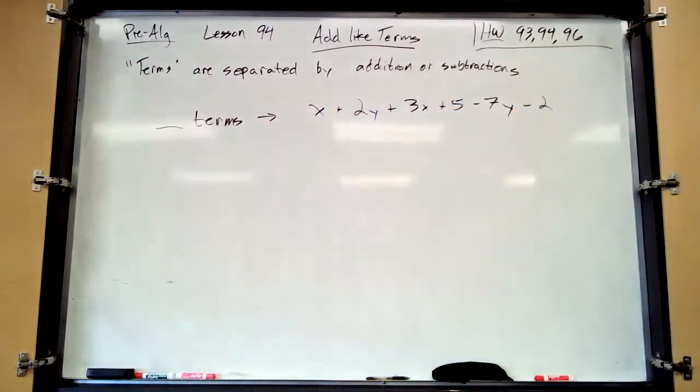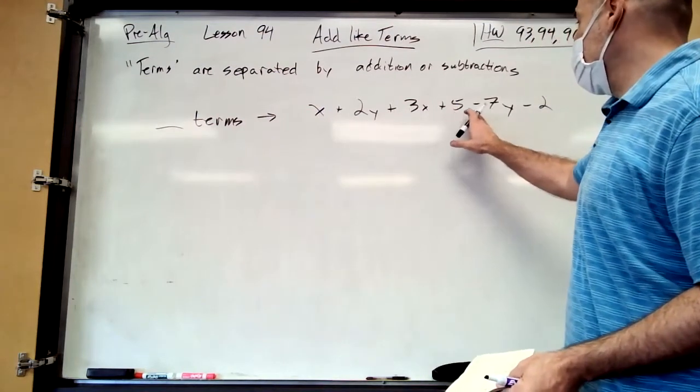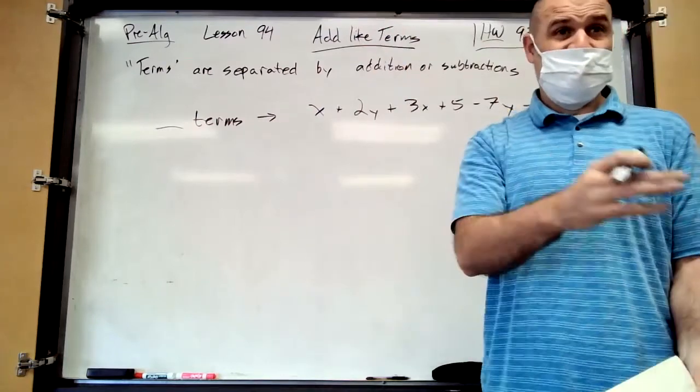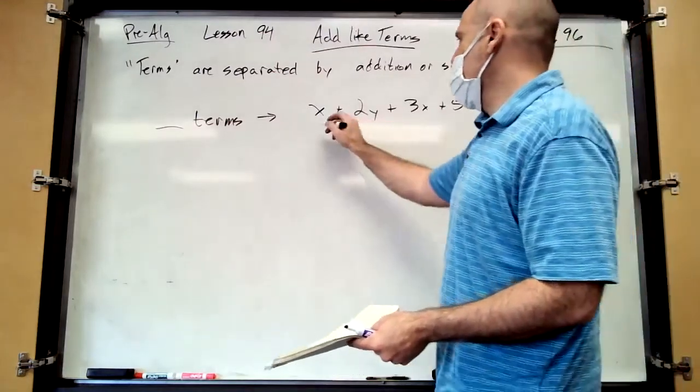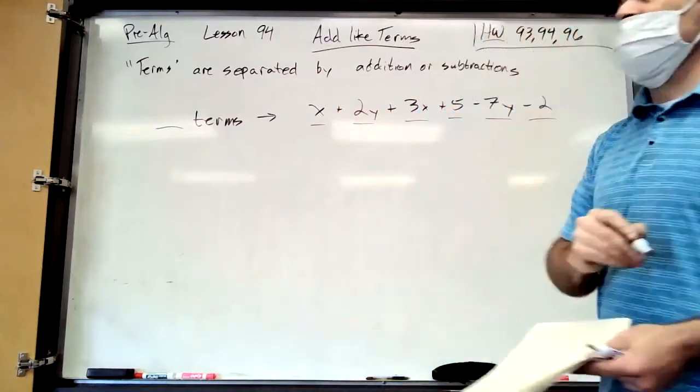How many terms is that? 5? Or wait, no. 4. Well, no. Those are like terms, so terms. Well, don't worry about like terms. Yeah, so 6. There's 6. Do you see the 6? Yep. Because there's 5 addition or subtraction signs, which means there's 6 terms. Because there's one on the beginning and one in the end. So here's one, here's one, here's one, here's one, here's one, and here's one.